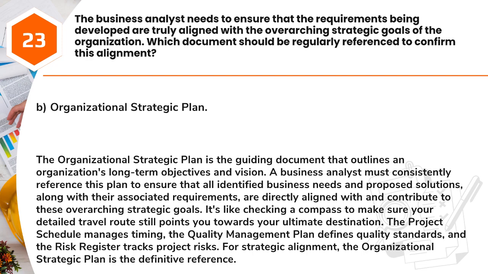It's like checking a compass to make sure your detailed travel route still points you towards your ultimate destination. The project schedule manages timing, the quality management plan defines quality standards, and the risk register tracks project risks. For strategic alignment, the organizational strategic plan is the definitive reference.